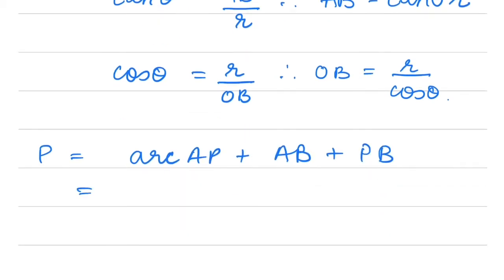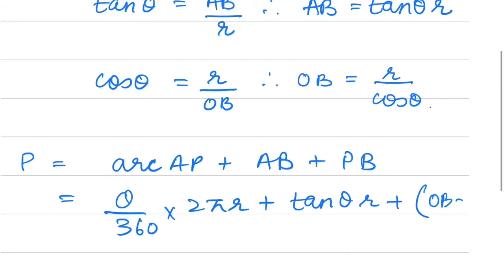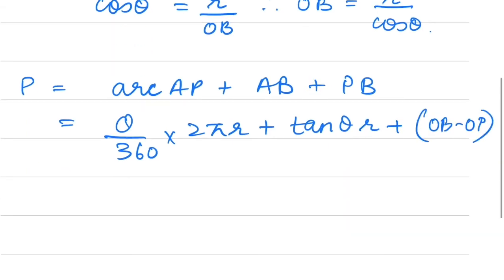In perimeter, I'll write down arc AP plus AB plus PB. So we have arc AP, we have already found out, theta by 360 into 2 pi r plus AB is tan theta r, PB is OB minus OP. So 2 gets cancelled with this 180.